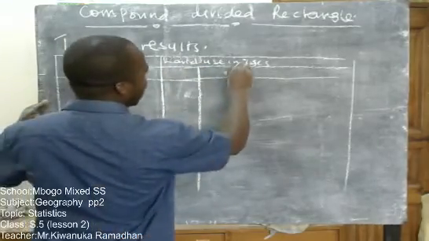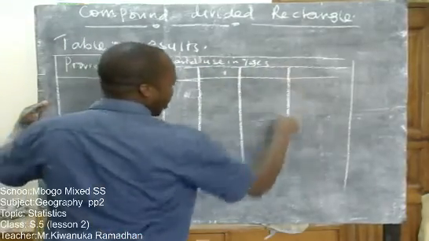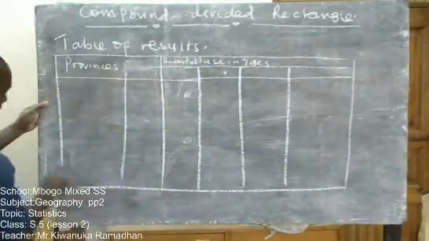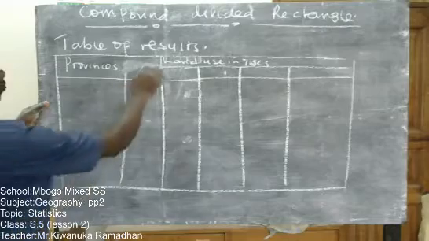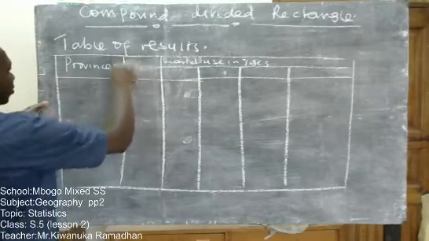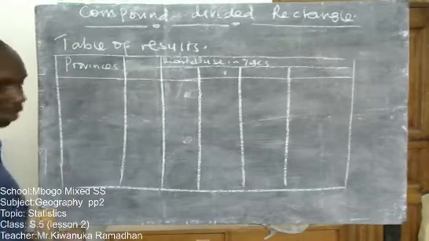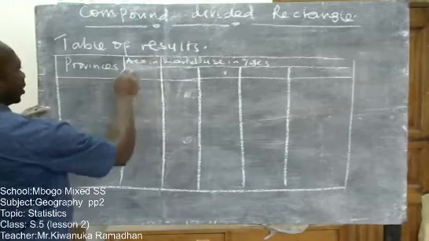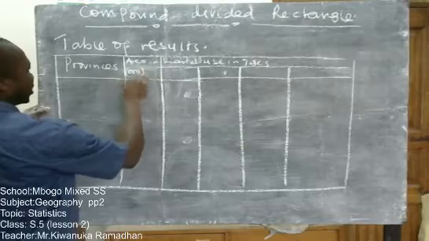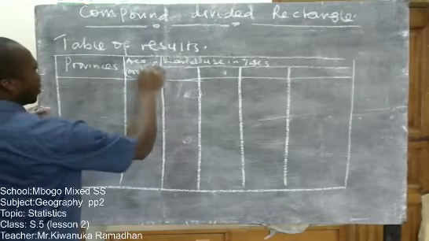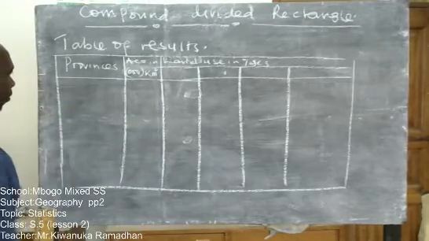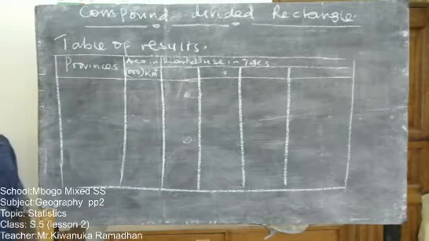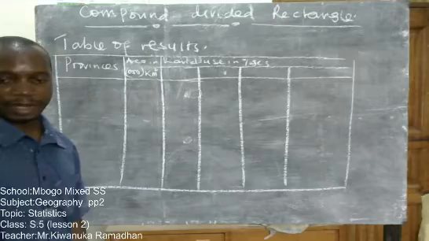Provinces, then this is area in 1,000 square kilometers. We said that arrange the table in order.